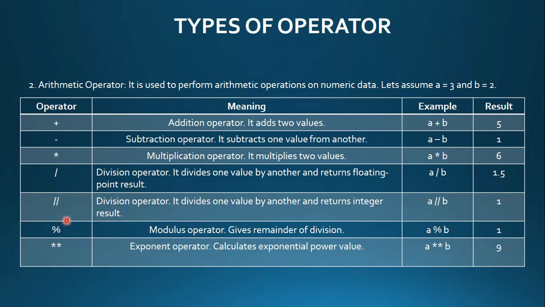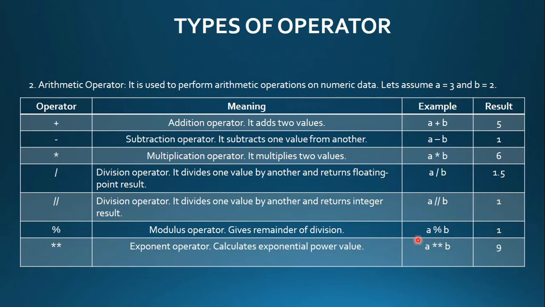Next see another operator, that is the modulus operator. What does the modulus operator give? It gives the remainder of division. Here a modulus b, if you write it in the Python console, what will it return? It will return 1. Why? Because when you divide 3 by 2, the quotient will be 1 and the remainder will be 1.